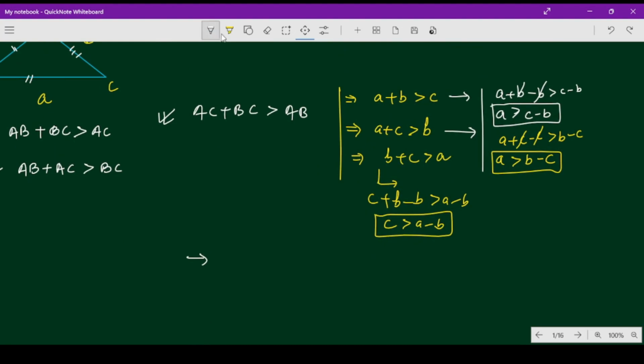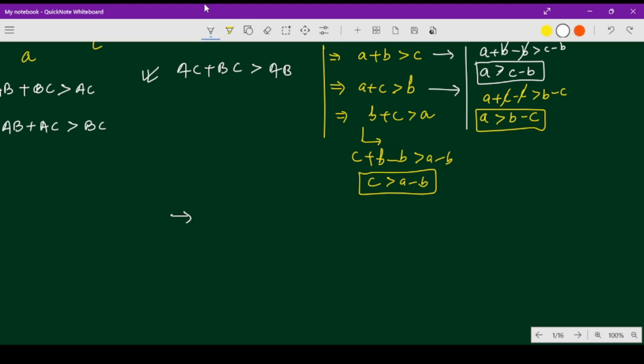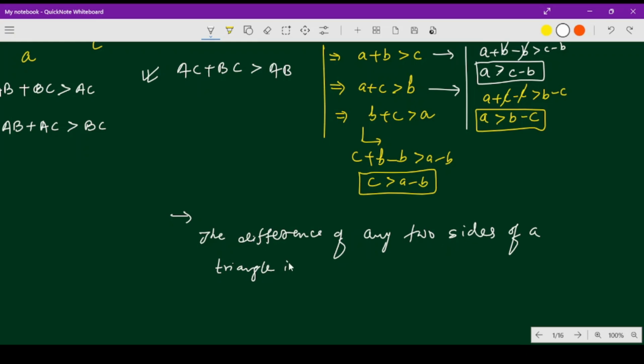We can say that the difference of any two sides of a triangle is always smaller than the third side. So when we subtract any two sides, that will always be lesser than the third side.